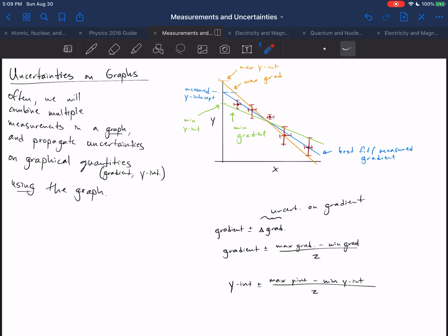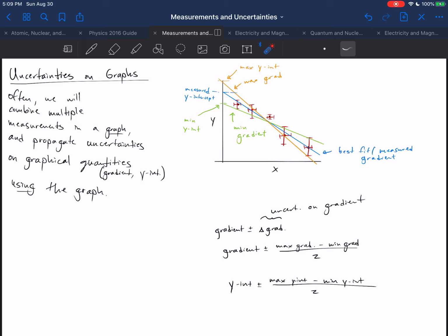If the error bars are perfectly in line with each other, if you have no incidences of mild systematic error, and the relationship is as you expect, the best fit line will go through all the points. Sometimes, though, that doesn't happen, and that's okay. We're just using all of the data together to measure that best fit relationship between y and x, that is, the gradient of this line.